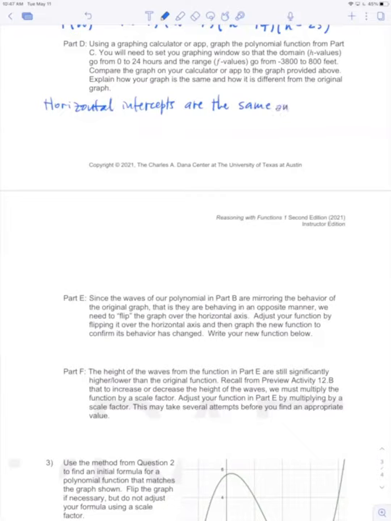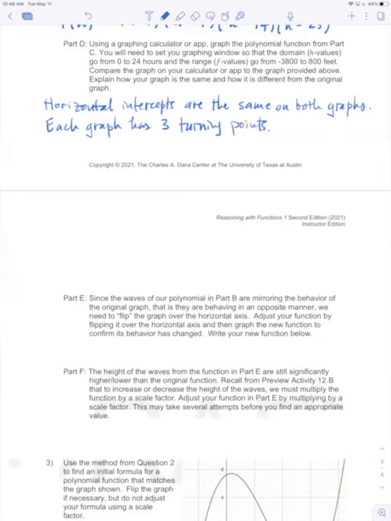We'll put on both graphs. And then we also said that the turning points are the same. Each graph has 3 turning points. So there we go.